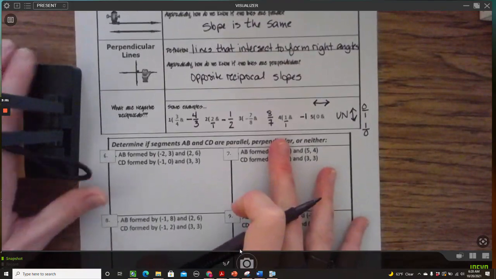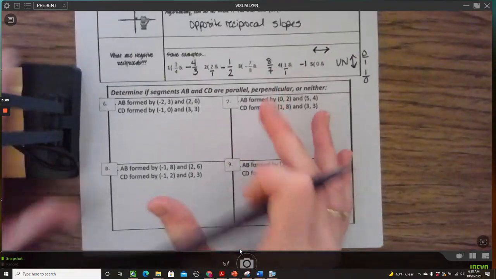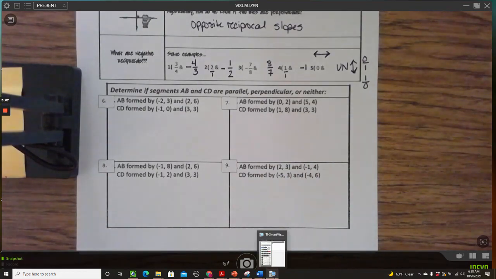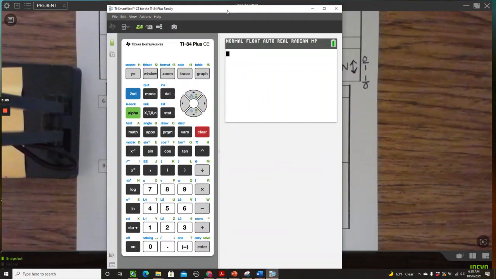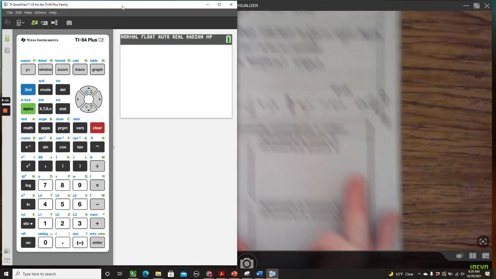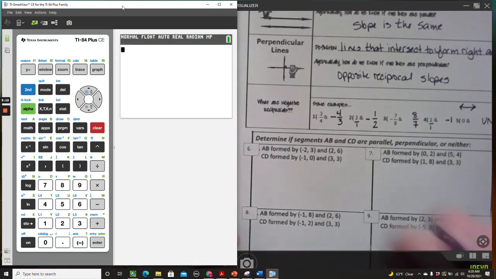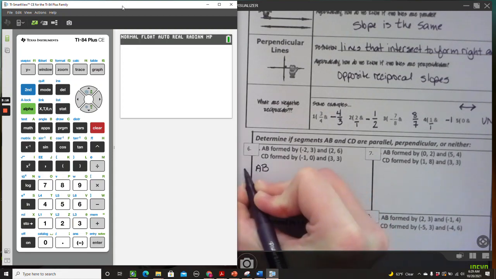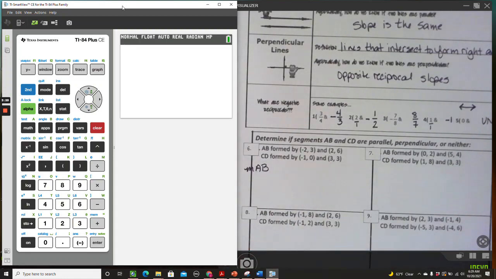All right, so on this bottom part, we're just going to determine if these lines are parallel, perpendicular, or neither. So all we need to do here is find the slope of these lines. So what I'm going to do is linear regression. So AB, and I'm going to do M of AB, the slope of AB.